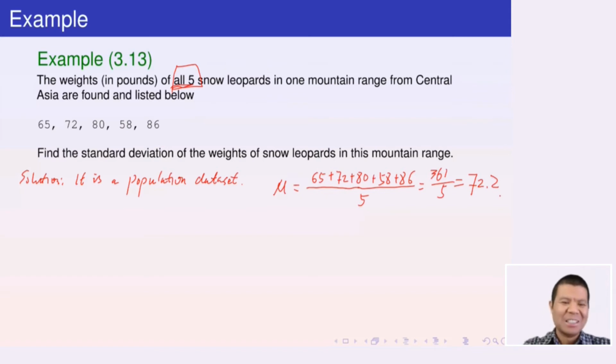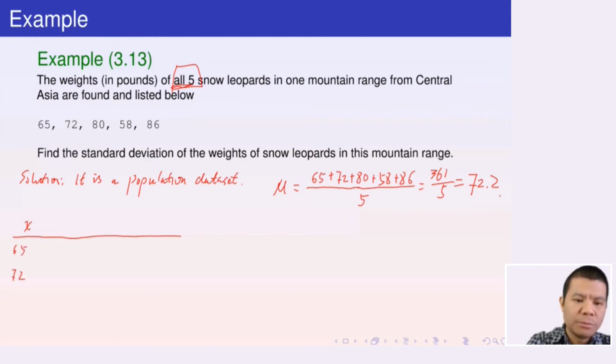Now, everything else will be similar. Let's do this table here. The first column is going to be our 65, 72, 80, 58, and 86.